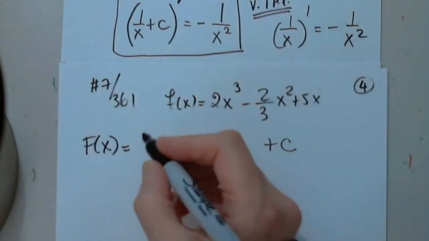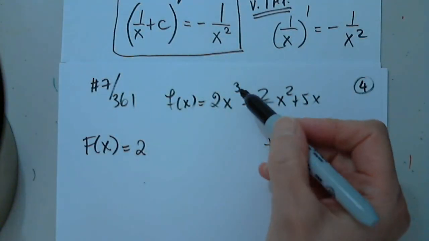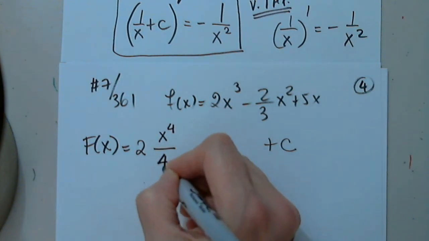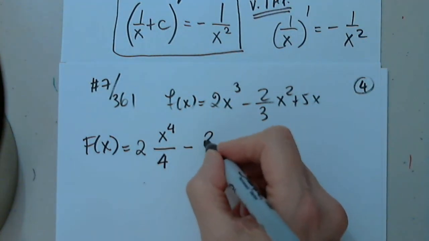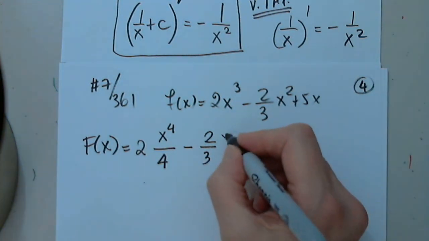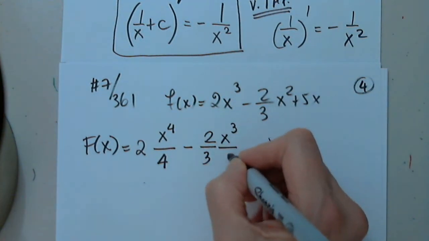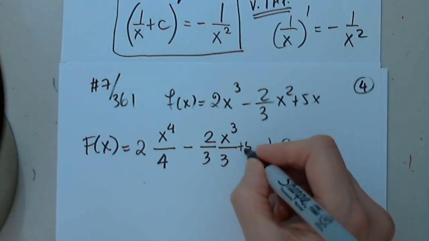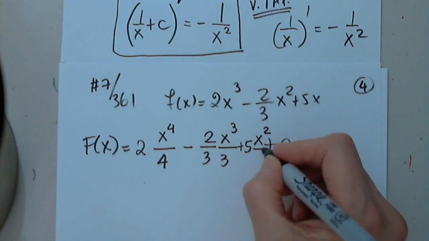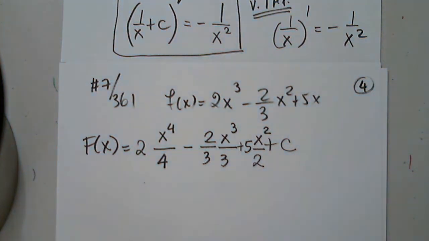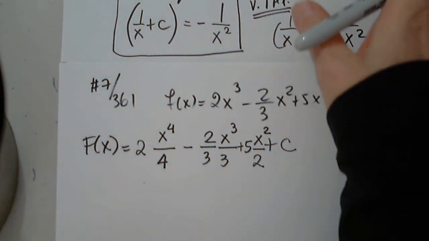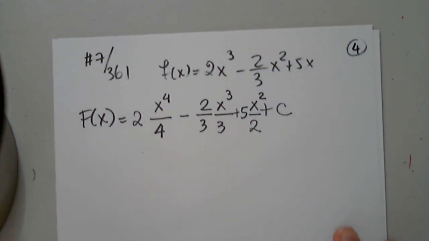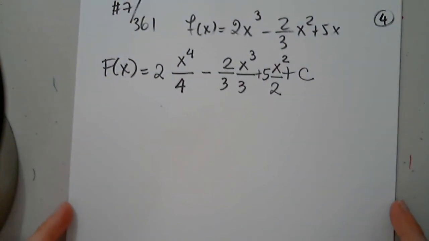Keep 2 in front. I'm adding 1 to the power and dividing by that number. Minus 2/3. I'm adding 1 to the power and dividing by that result. And plus 5x squared, and I divide by that number. And this is the family of functions that has the given derivative.